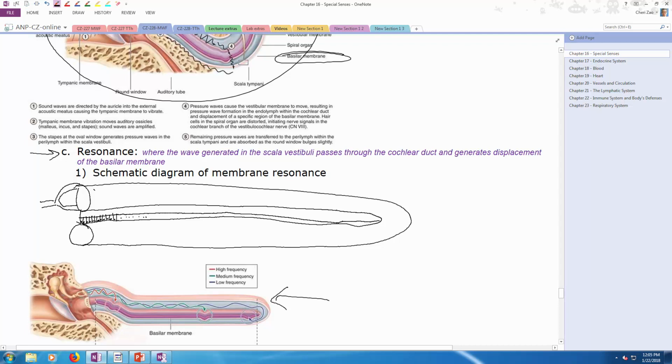Sitting on top of them is the tectorial membrane. And so I'm going to make a little blue line here, also going all the way out to the end of that. Coming on back, trying to give it a little bit of width.